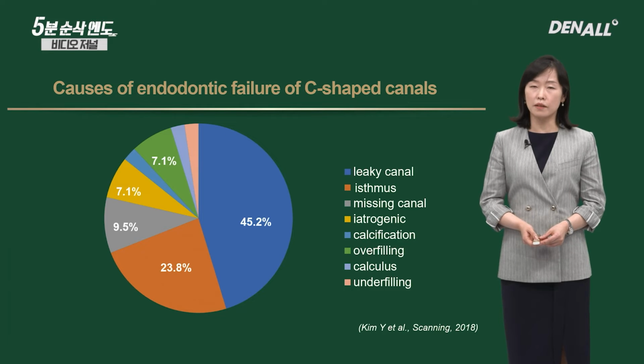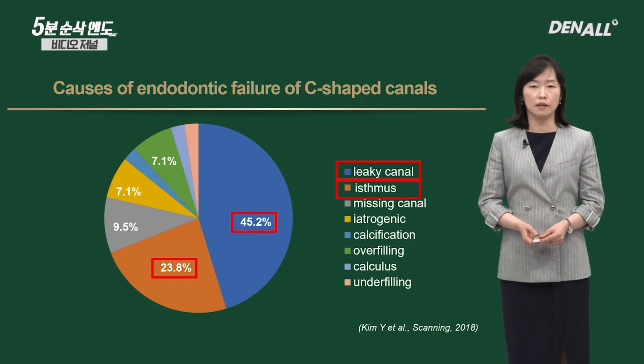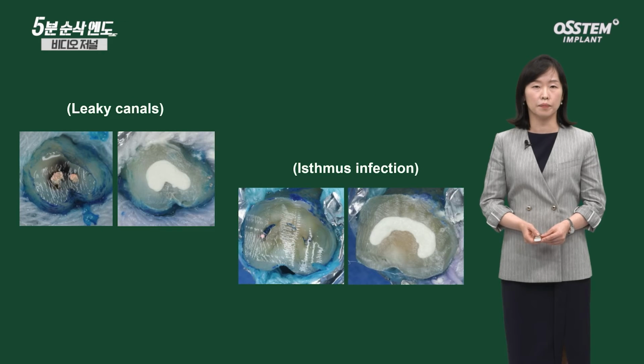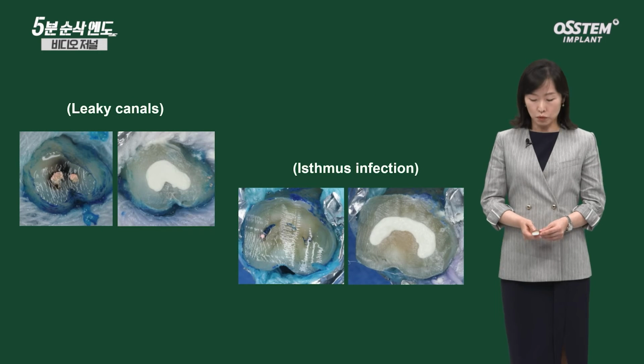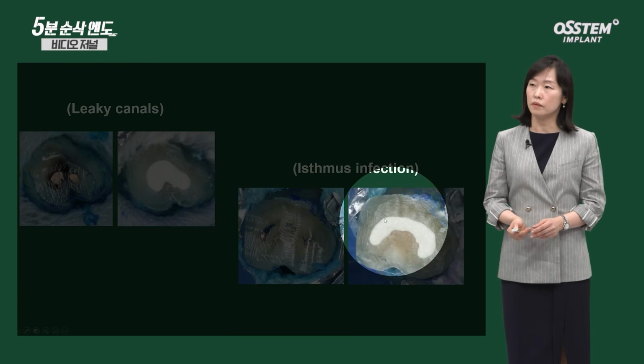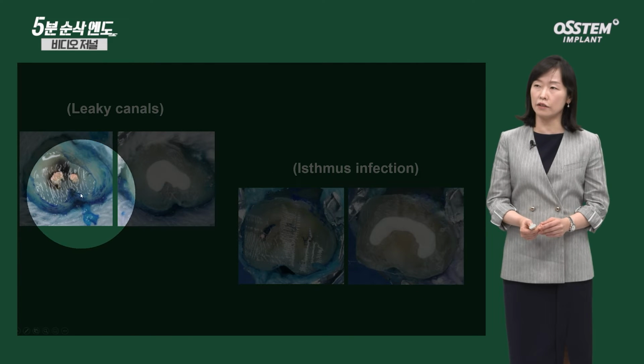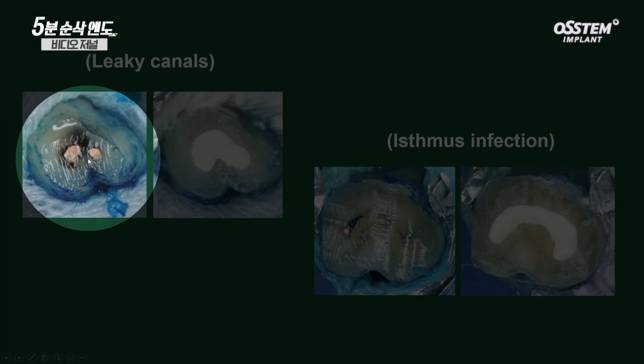I looked at why C-shape endodontic treatment failed. Most of the cause was leaky canals. Even if you do endodontic treatment well, there was a bit of leakage. And due to the characteristic of C-shape, the isthmus was also a cause. These were the two primary reasons. If you look at the clinical image, there's a leaky canal.